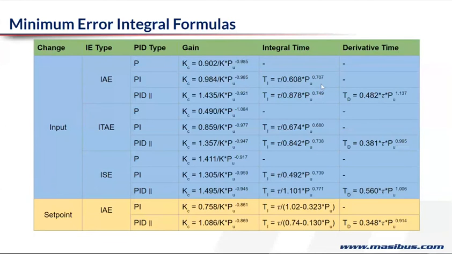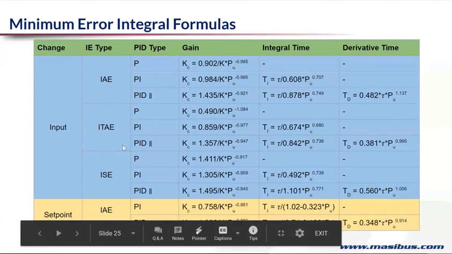So different formulas are there. I don't expect you to memorize them. You can always print this or take a snapshot of this and use it. Once you know how to capture these three important parameters, which are the process gain, the process time constant, and the process dead time.